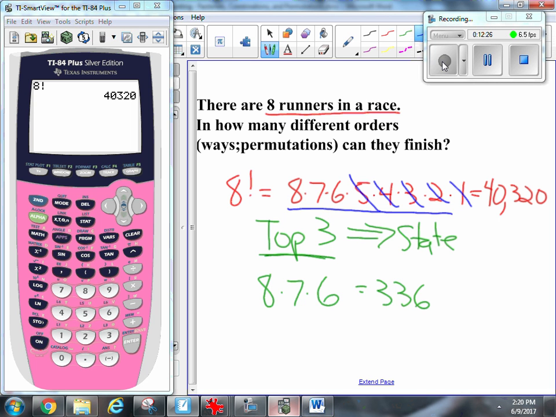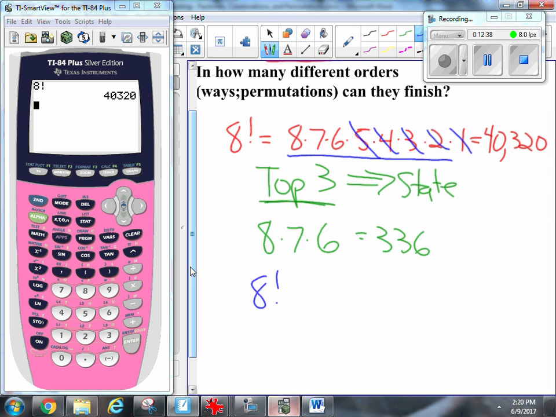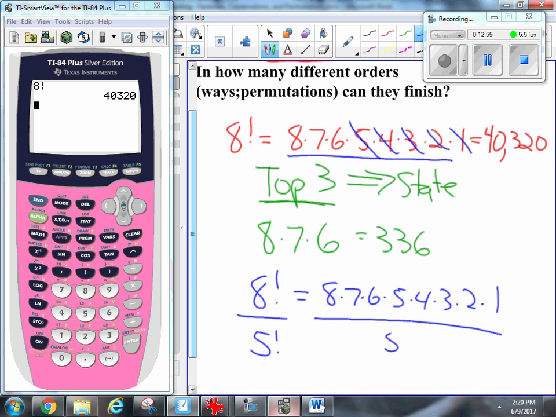So really, I want you to think about this mathematically. It's really the same thing as if I took 8 factorial, which is equal to 8 times 7 times 6 times 5 times 4 times 3 times 2 times 1, and I divided it by 5 factorial, which is 5 times 4 times 3 times 2 times 1.